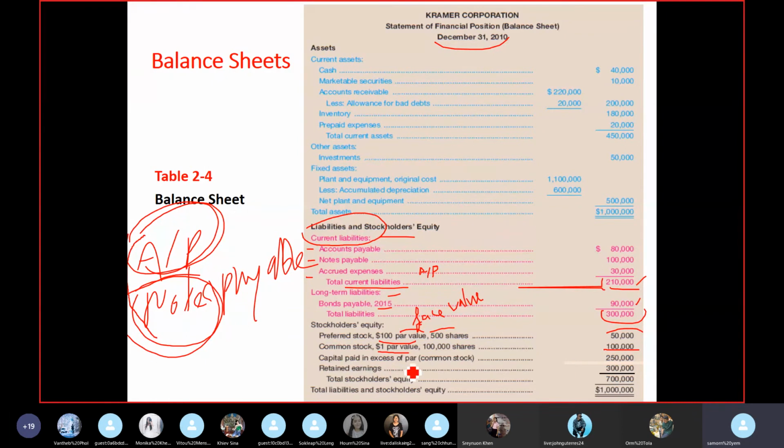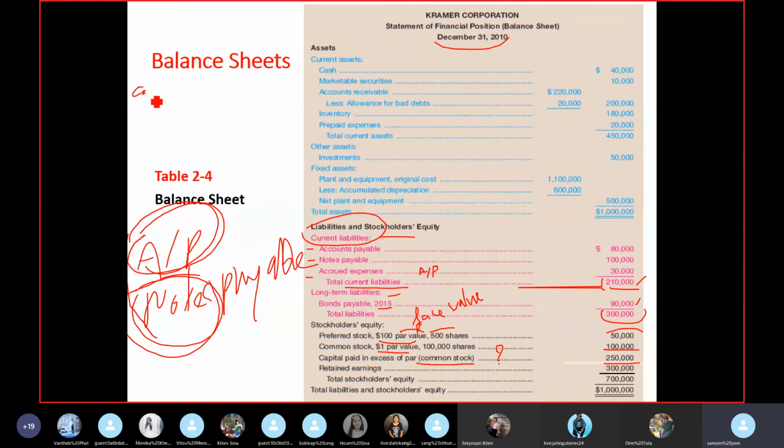Capital paid in excess of par is also part of common stock. There are 250,000. Do you know what capital paid in excess is? Everybody should know it. What is capital paid in excess?